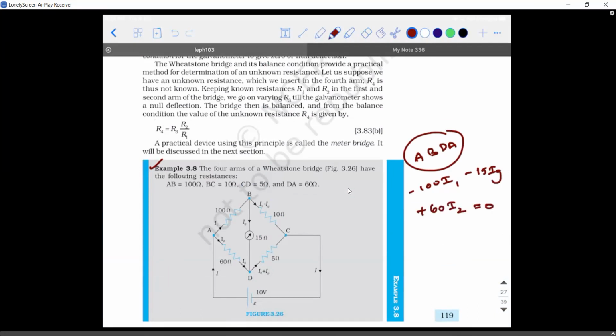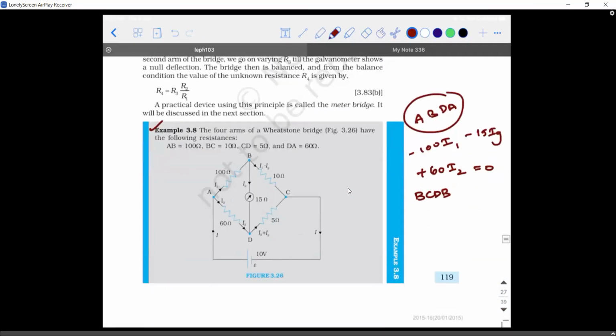Similarly, if I take BCDB, when I go from B to C, it is minus 10 into I1 minus IG. When I go from C to D, it is plus I2 plus IG into 5. When I go from D to B, it is plus IG into 15 is equal to 0.